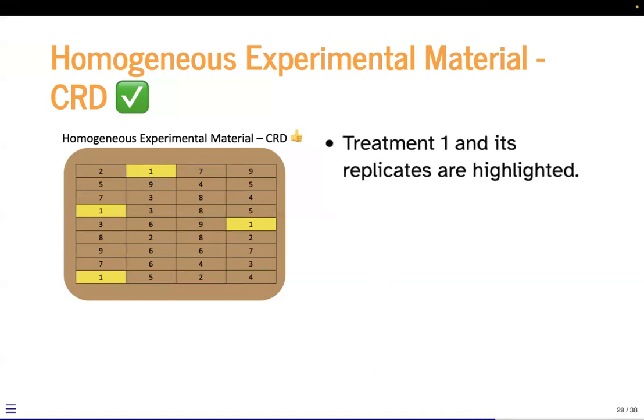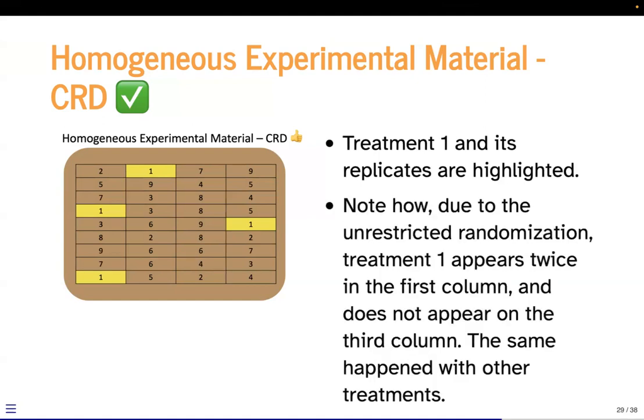I'm highlighting here treatment one and its replicates across the field. Because we had no restriction in randomization, treatment one appeared 2 times in this first column, once in the second column, 0 times in the third column, and 1 time in the fourth column, right? Because we have no restrictions in randomization, this could happen. A very similar thing happens with other treatments.